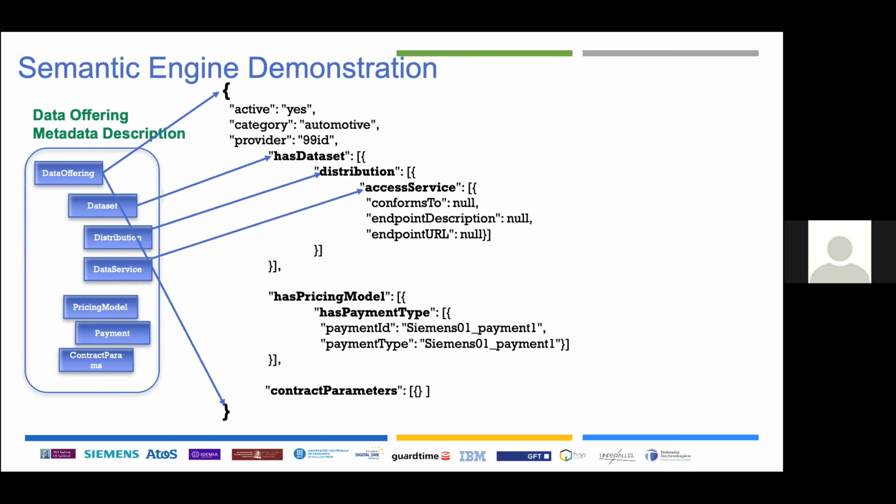In this offering we also have the pricing model, where someone can set the price, and the payment method, how someone wants to pay. At the end we also have the contract parameters, how the contract should be signed between consumer and provider.